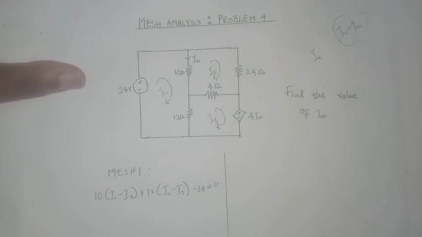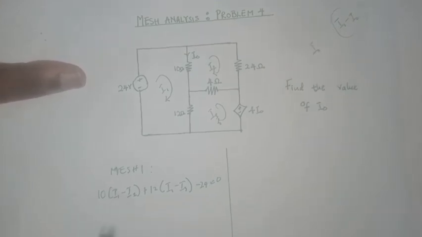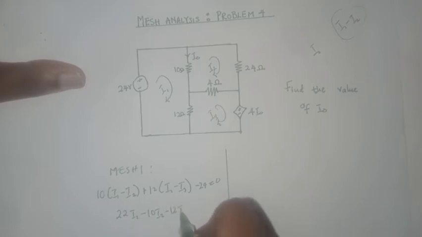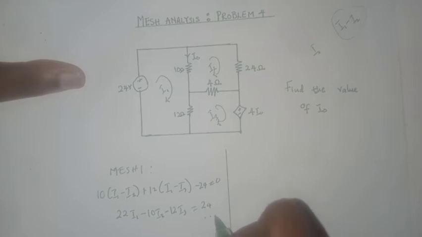Then we can expand this further, and we would have 22 I1 minus 10 I2 minus 12 I3 equals 24, and we can call this our first equation.